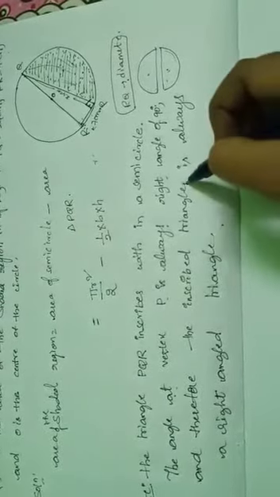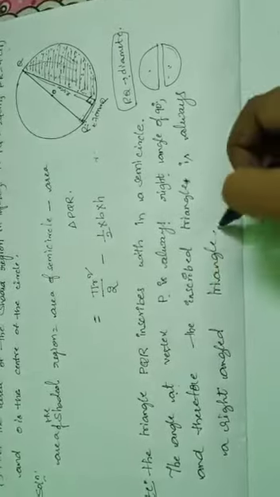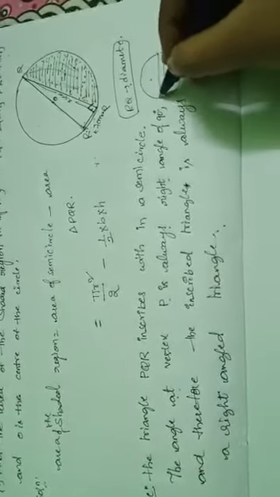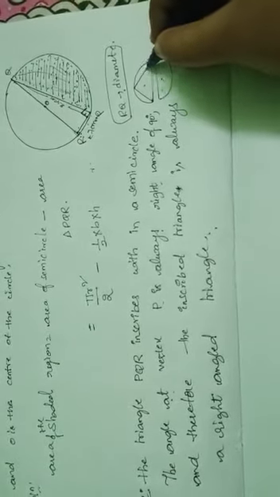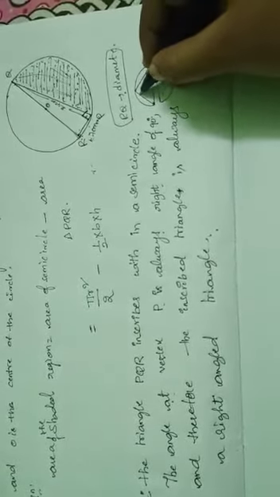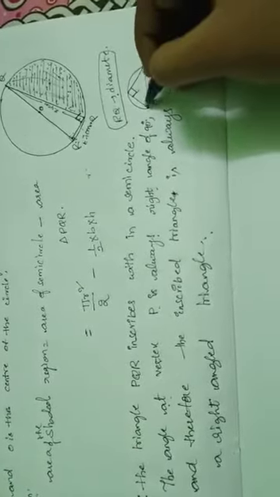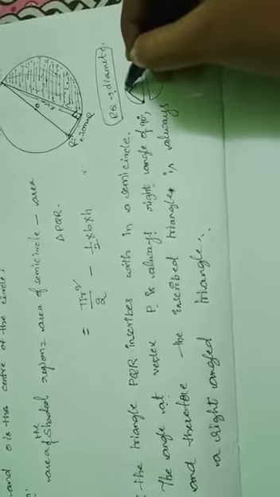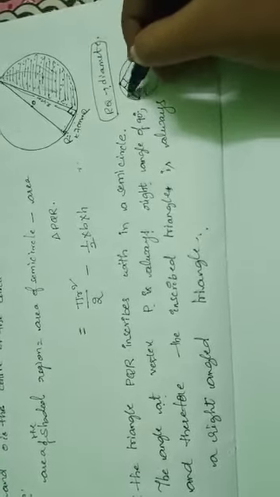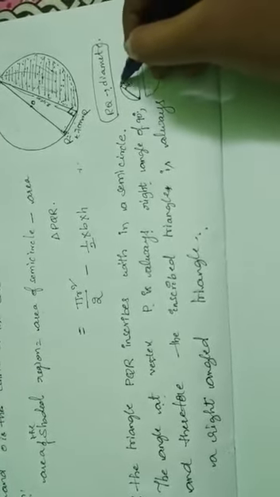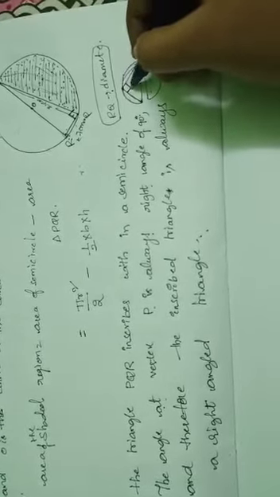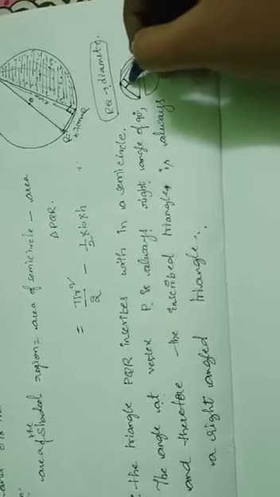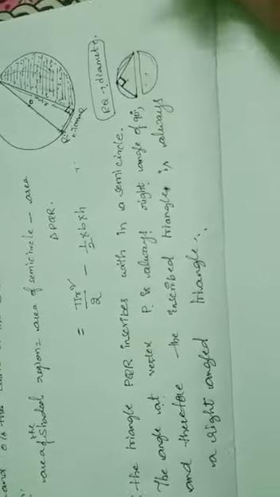See, this is the semicircle. If one triangle is inscribed within a semicircle, then it is a right angle triangle. Here the vertex of the triangle touches the boundary of the semicircle, so the angle at the vertex equals 90 degrees.